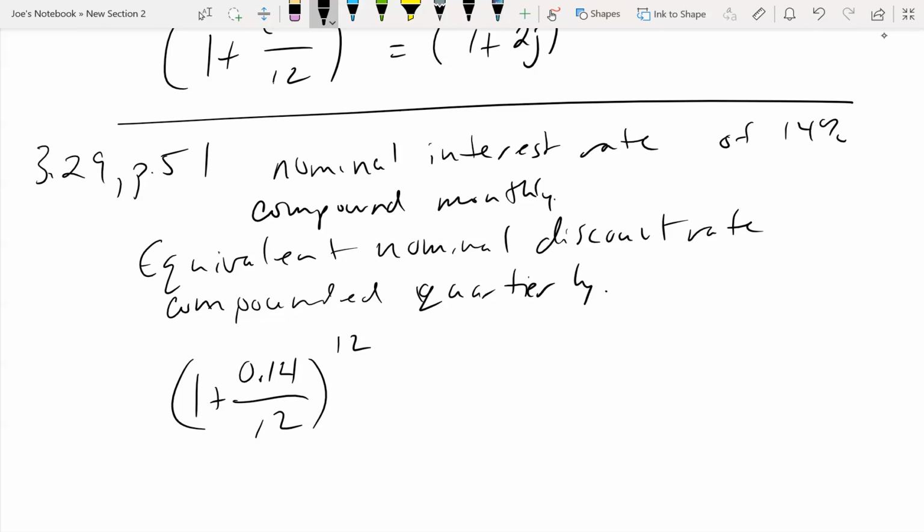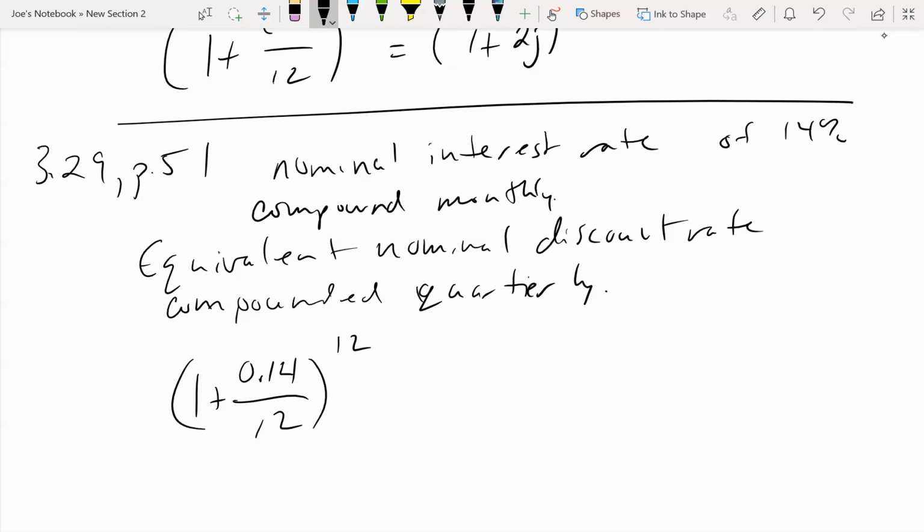We just need to multiply by the original principal if we were looking for an accumulated value. So this is the amount that $1 would grow to over the course of a year, under a nominal interest rate of 14% compounded monthly. Are we okay with that expression?